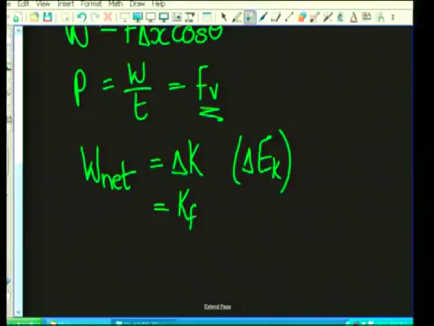Kinetic energy, remember, changing kinetic energy means I've got to do kinetic energy final minus kinetic energy initial. Okay, any change in, whether it's in equations of motion, momentum, whatever the case may be, it's always final minus initial. That's very important.